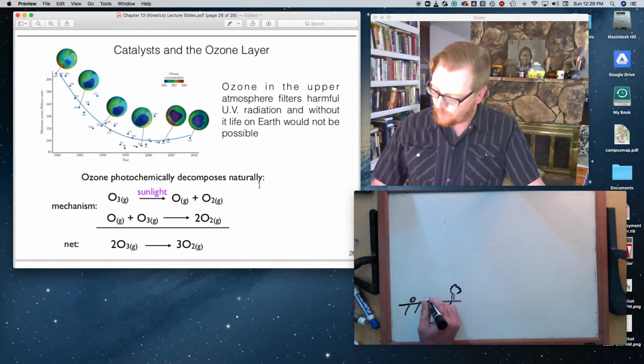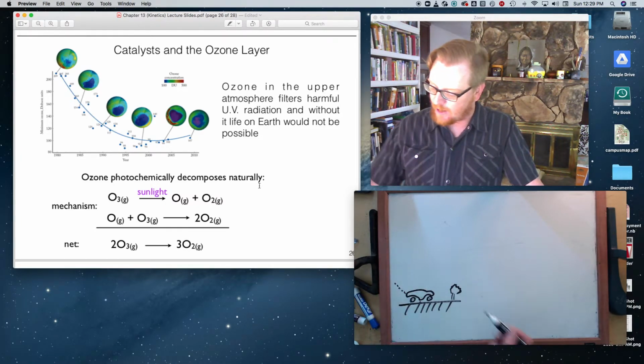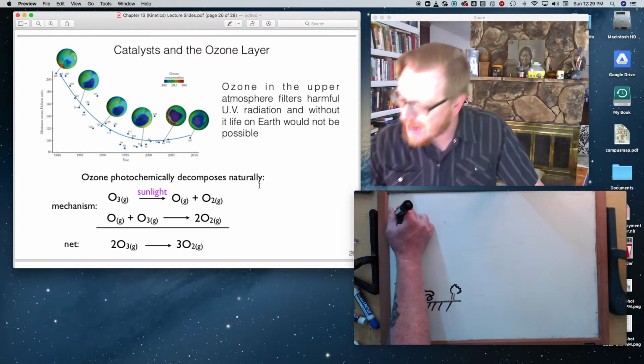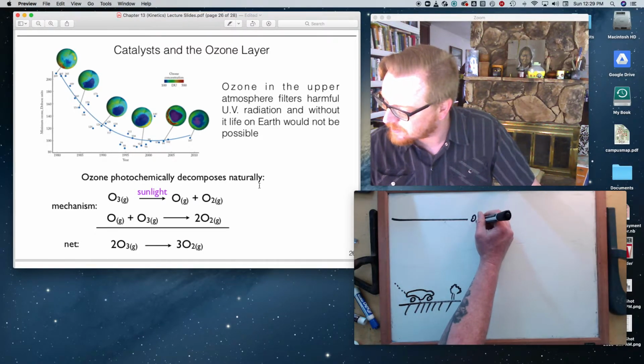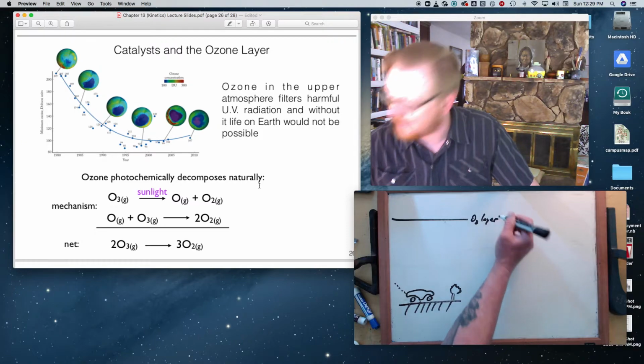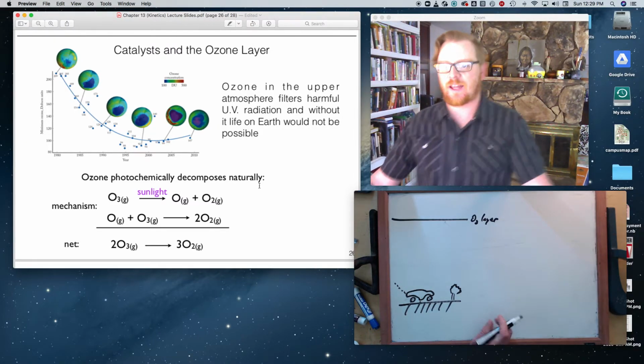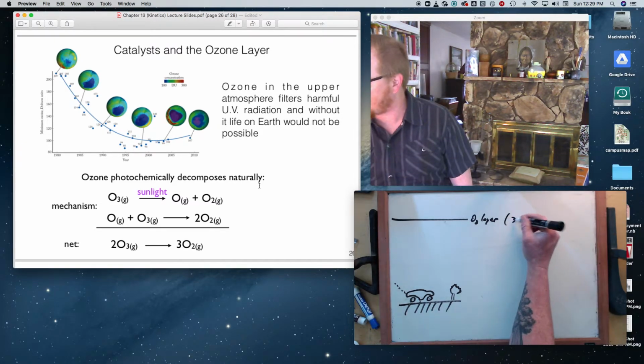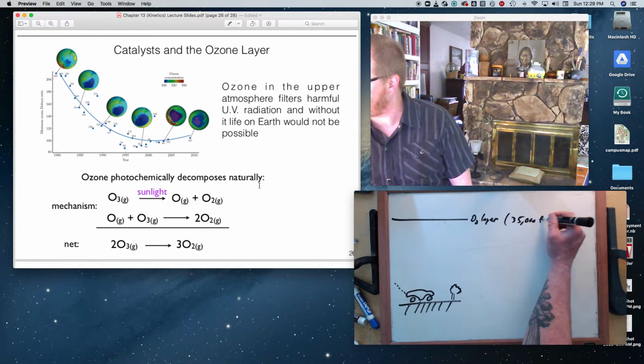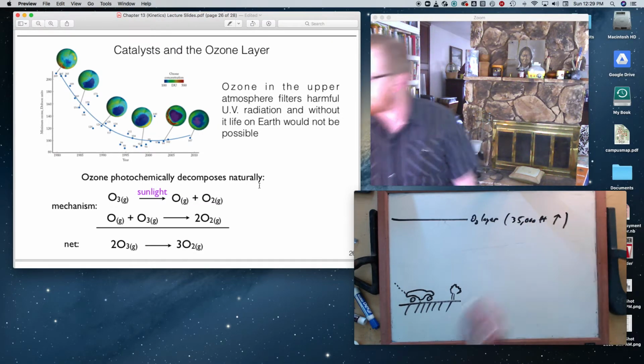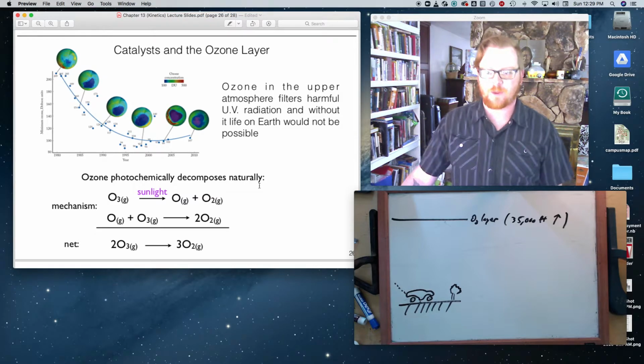Here we go, wheels and something like that. Okay, right there's a car, and it's spitting out automobile exhaust. And then way up here is the O3 layer, the ozone layer. And that goes like 35,000 feet and up, like where airplanes fly, okay?